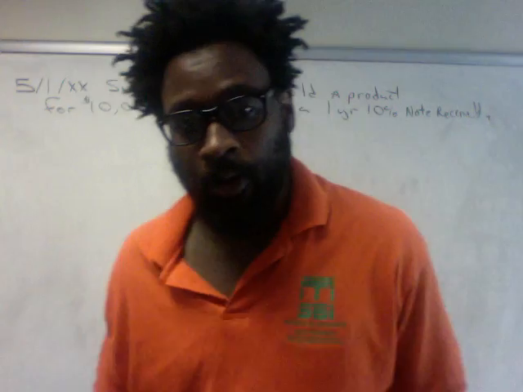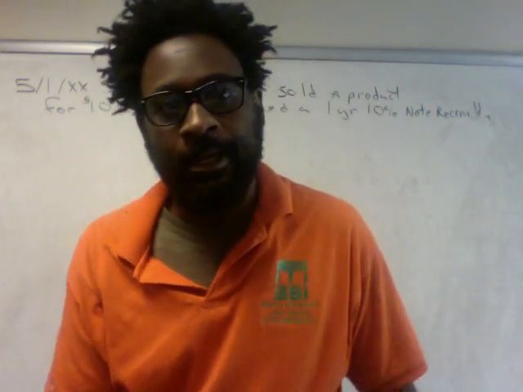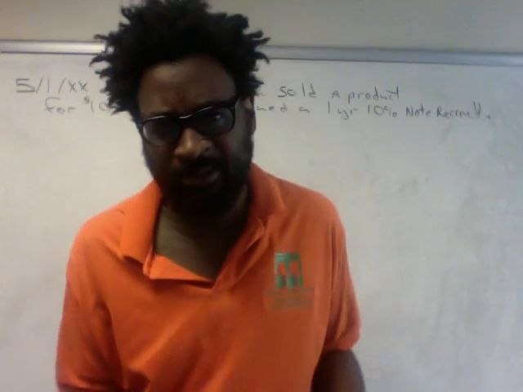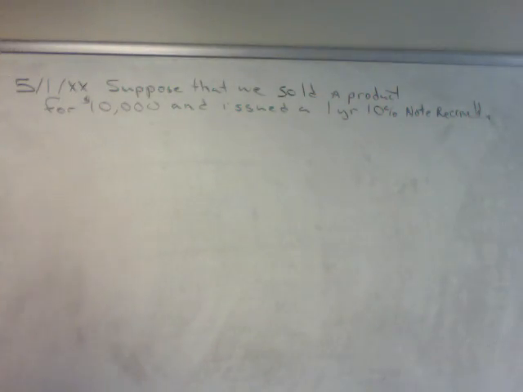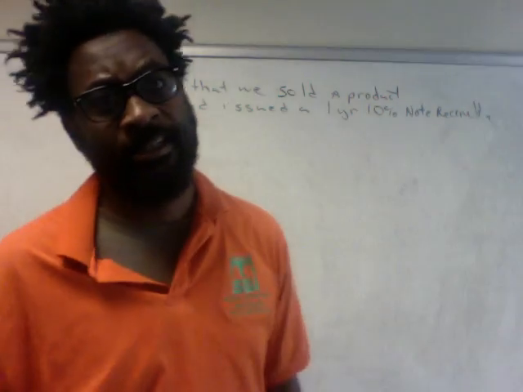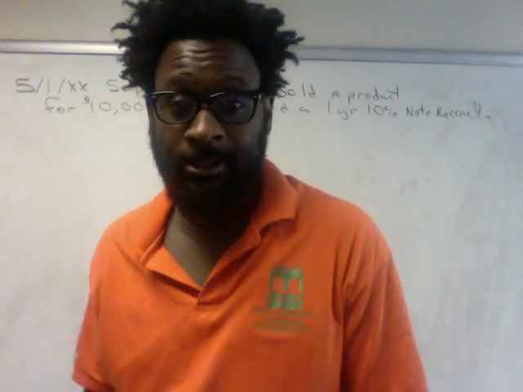And so we're going to go through the life, or the maturity, of this note. The maturity of the note is just equatable to the life, the existence. So we know that this note is going to last for a year. It started on May 1st of this year, and it's going to finish at the end of May, or 1st of the following year, right?